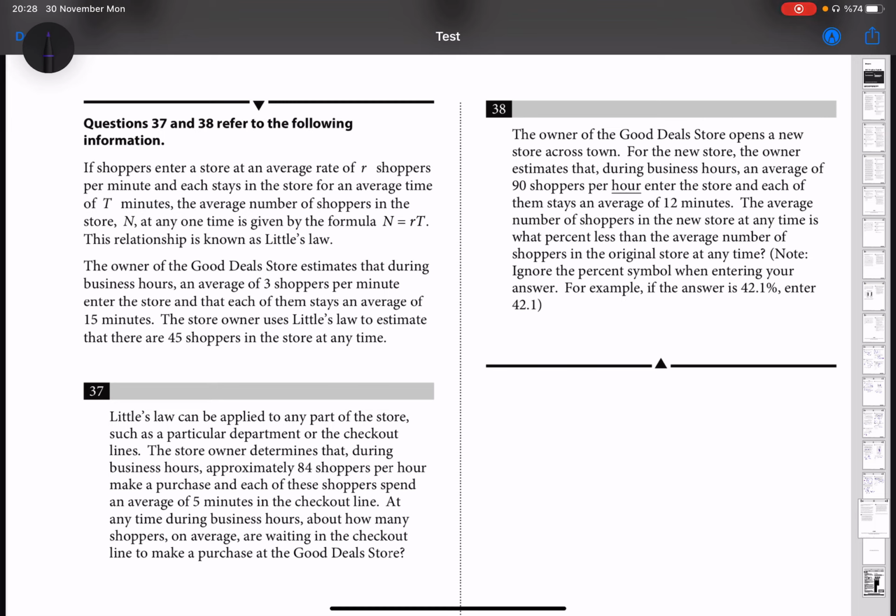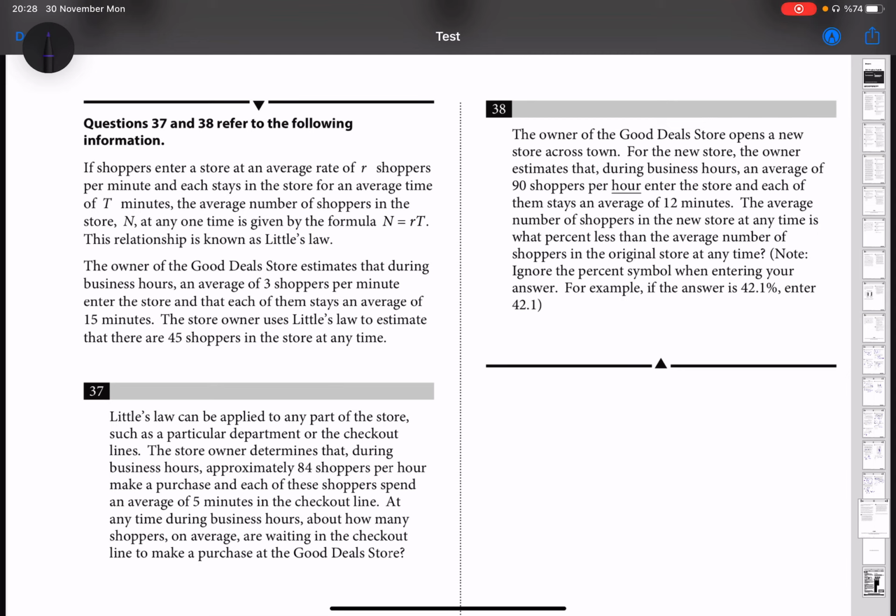If shoppers enter a store at an average rate of R shoppers per minute and each stays in the store for an average time of t minutes, the average number of shoppers in the store n at any one time is given by the formula n equals Rt. This relationship is known as Little's Law.